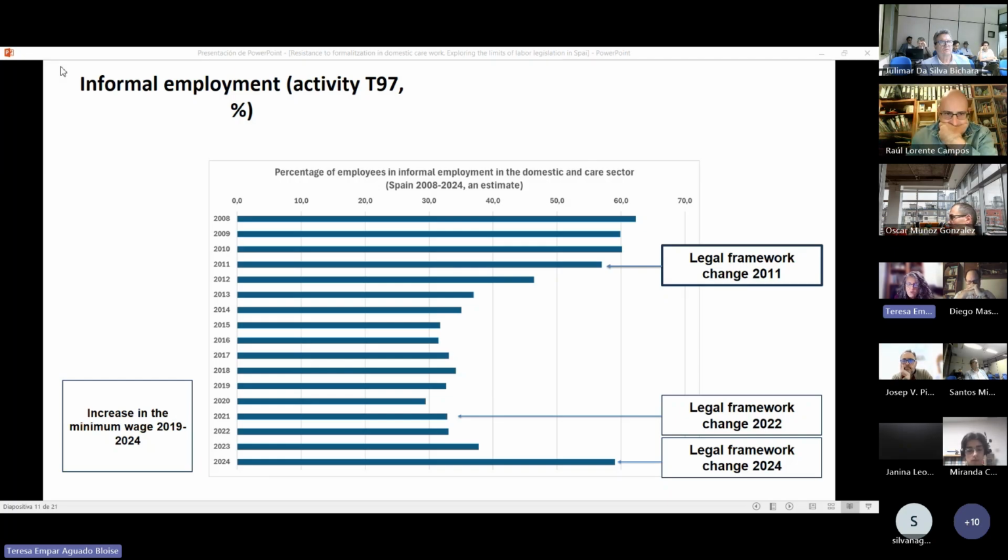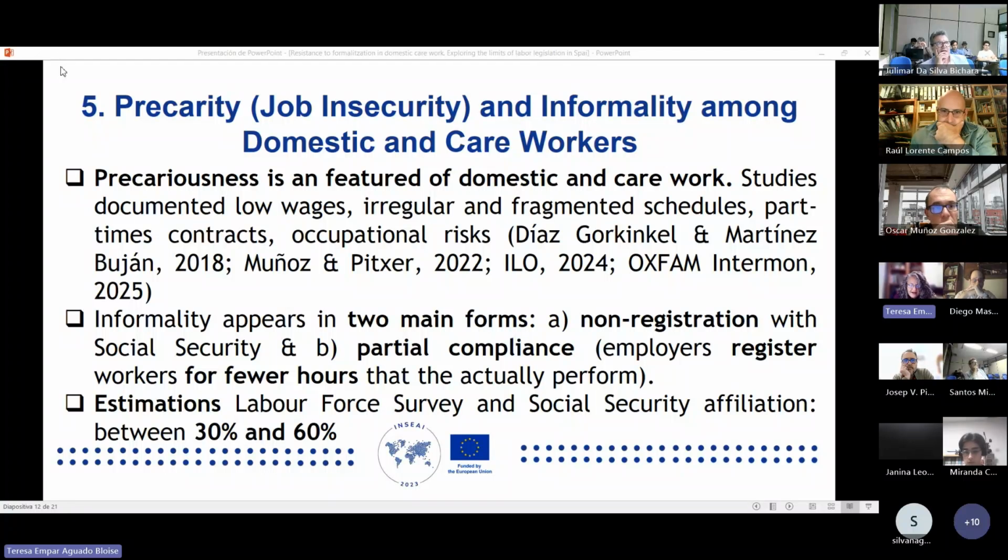Despite this progress, legal improvements have not translated into a proportional reduction in informality. Even at its lowest levels, informality never dropped below 30%, and since 2023, it has begun to rise again, as you can see in this graphic. Domestic and care work is marked by chronic precariousness, low wages, fragmented schedules, part-time contracts, and high exposure to occupational risk. Informality appears in two main forms.